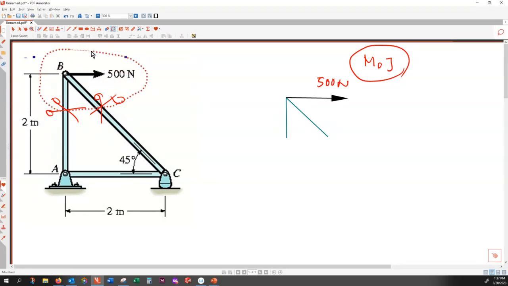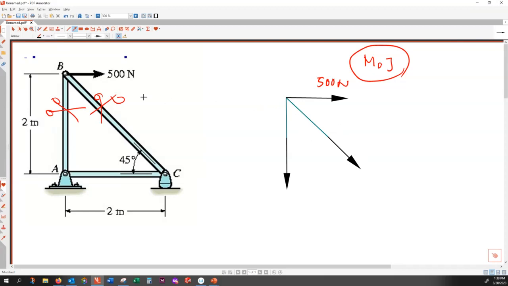This is like cutting a hose which has water in it, and then the water comes out. So you have to include the internal force inside BA and the internal force inside BC. We don't know whether they are tensile or compressive, but we do know that they are going to be axial. They can only be axial to the member.